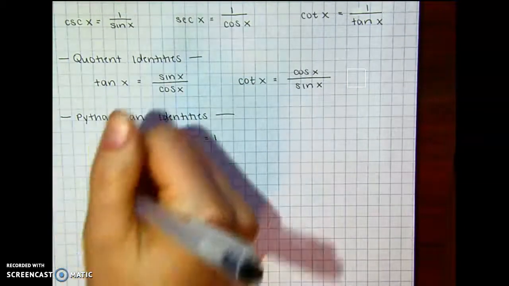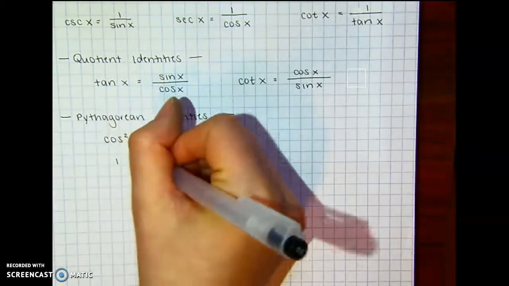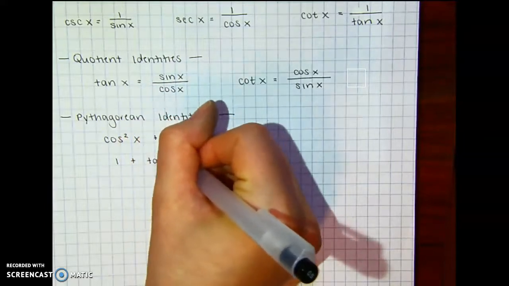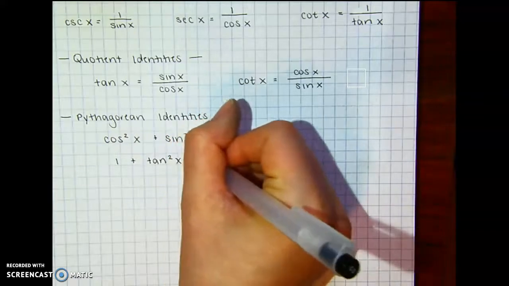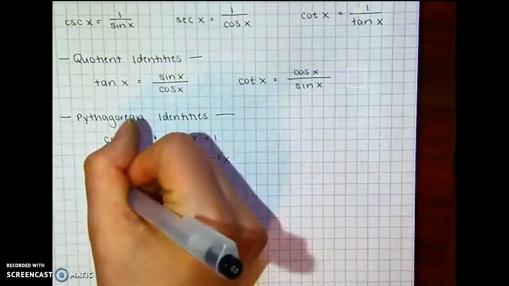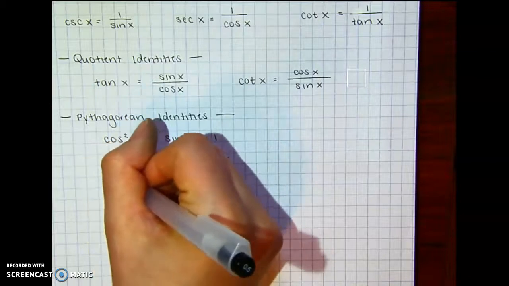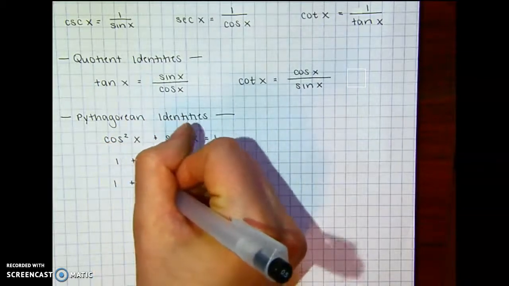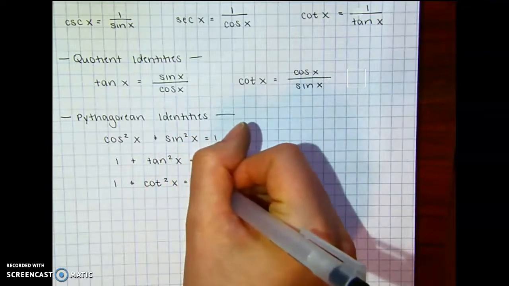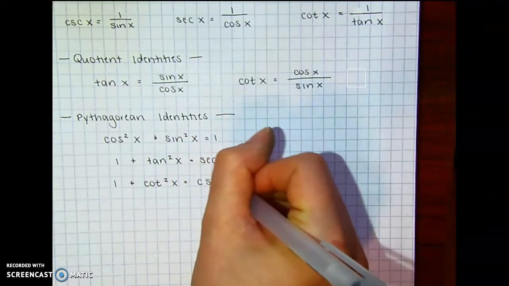And then we've got 1 plus tangent squared of x is equal to secant squared of x. And 1 plus cotangent of x is equal to cosecant squared of x.